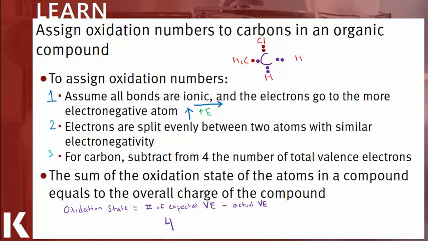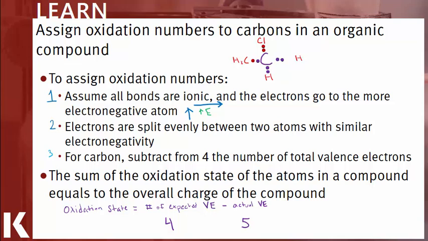The actual number of valence electrons won't be common knowledge. This is where steps 1 and 2 come in to help you determine the actual number of valence electrons around the central carbon. The electrons in purple signify the valence electrons around the carbon of interest. 1 electron from the carbon-carbon bond and 2 electrons from each of the hydrogens means that this carbon has 5 valence electrons.